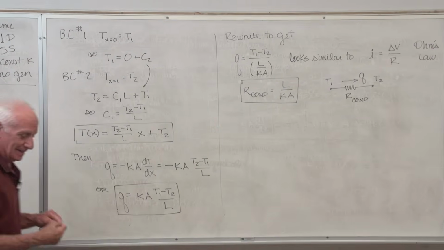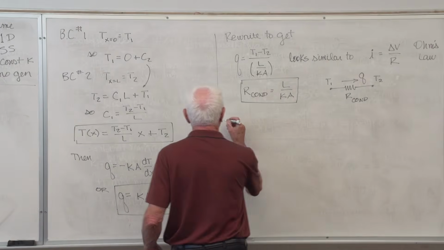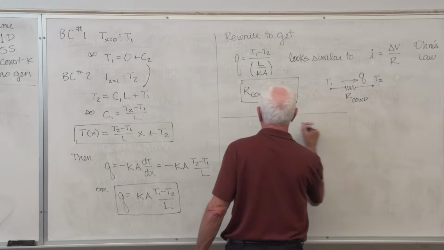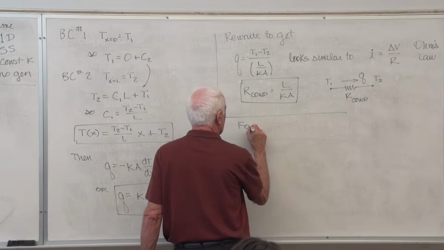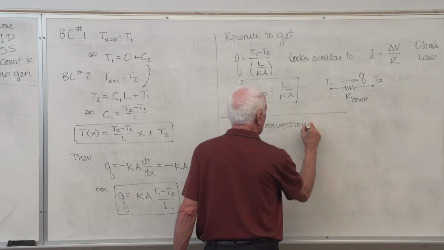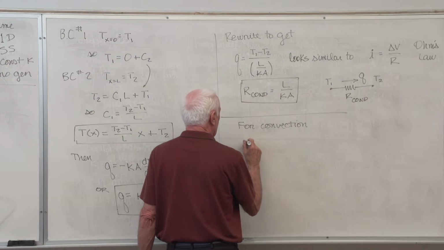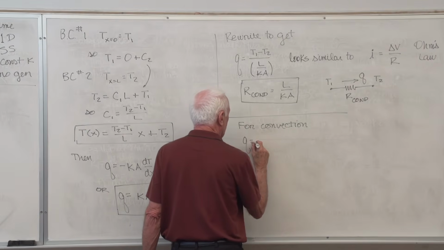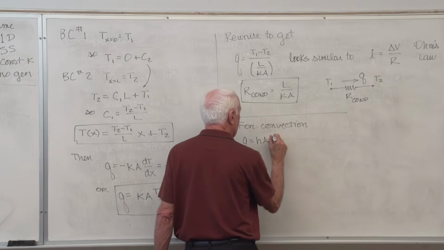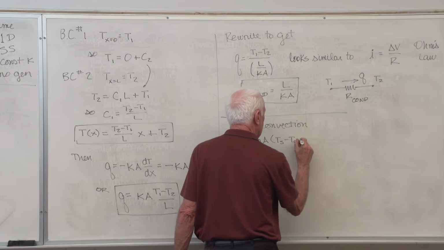Now, let's take another case. For convection. All right, Newton's law, chapter 1. Q equals hA (T surface minus T infinity).